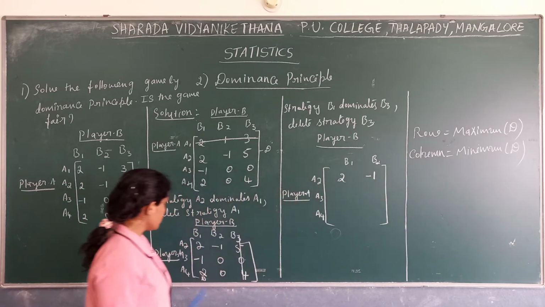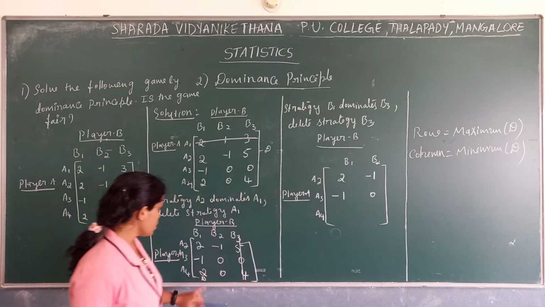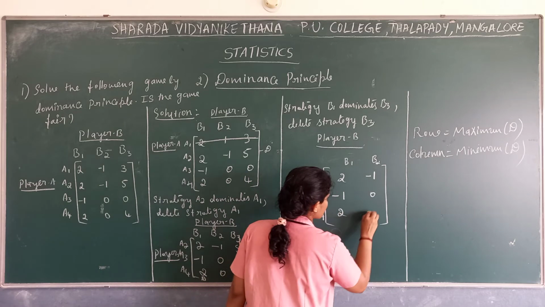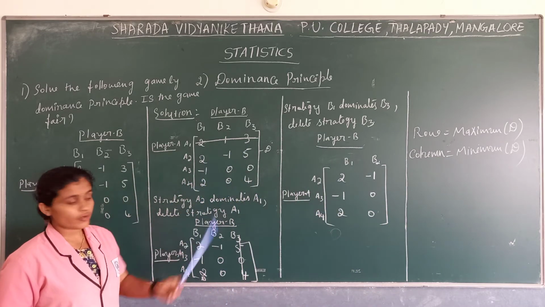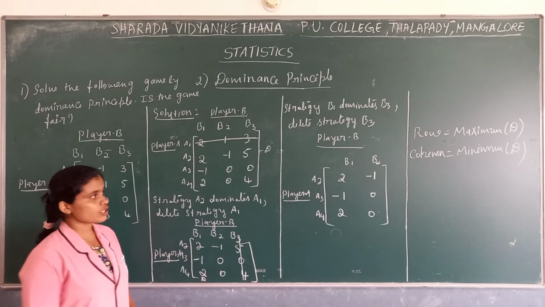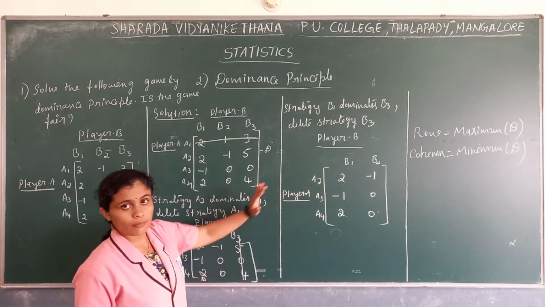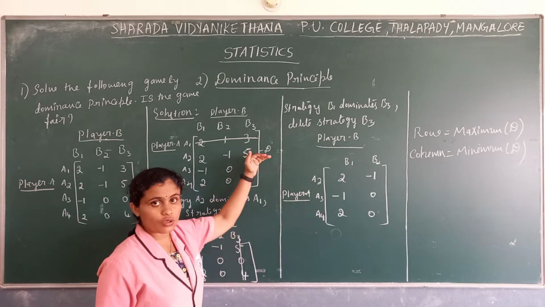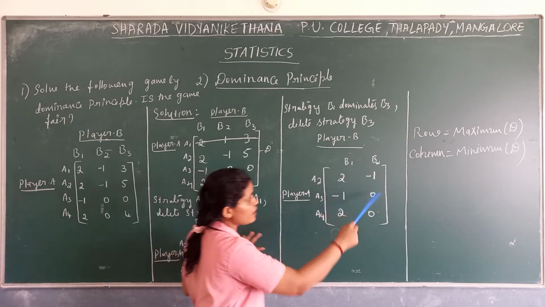Minus 1, then minus 1, 0, then 2, 0. Now, once row wise comparison is over and column wise comparison is over, once again row wise comparison. Row, column, it goes like that, row, column, and column. Now, row wise, column wise, then again row wise.